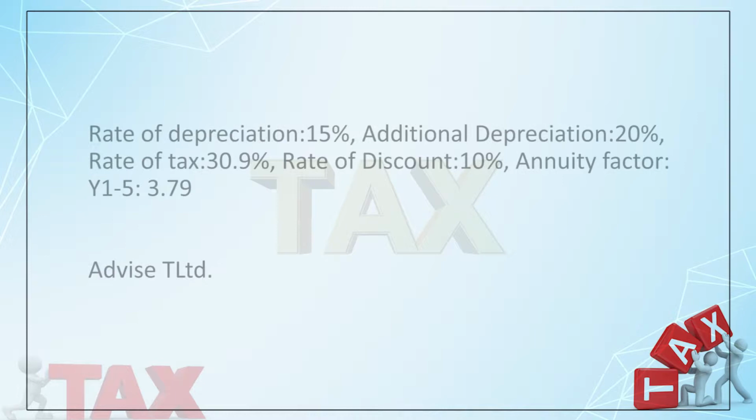So, now you are given depreciation 15%, additional depreciation 20%, rate of tax 30.9%, discount rate is 10%, and your annuity factor is 3.79. Now, basically, I will say something about the annuity factor. You will appreciate when the flow, maybe inflow or maybe outflow, is different, you have to multiply it by the related factors.